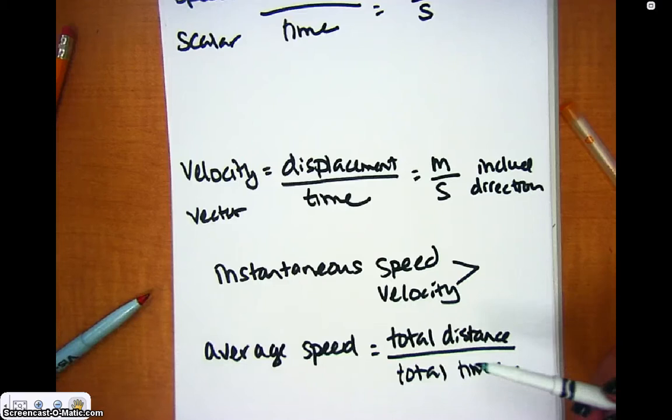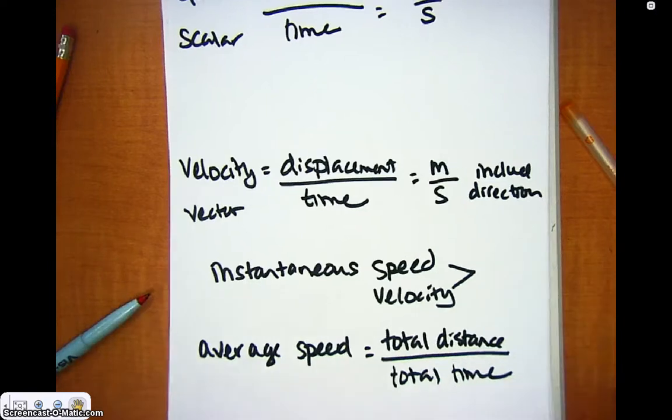Right? So average speed or average velocity is going to be the total distance or displacement over the total time. Right? So I think that gives you enough of a little bit of a background to get in working with some problems and solving some basic motion problems.